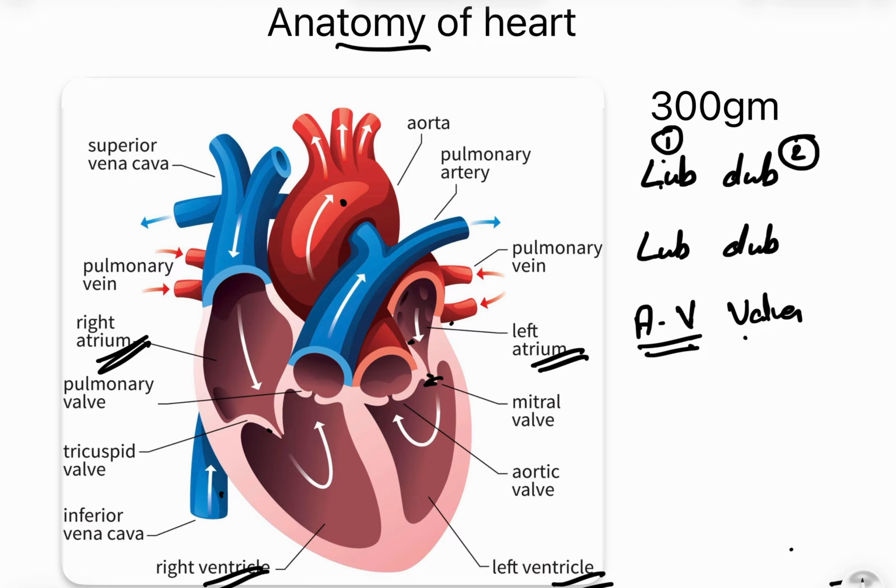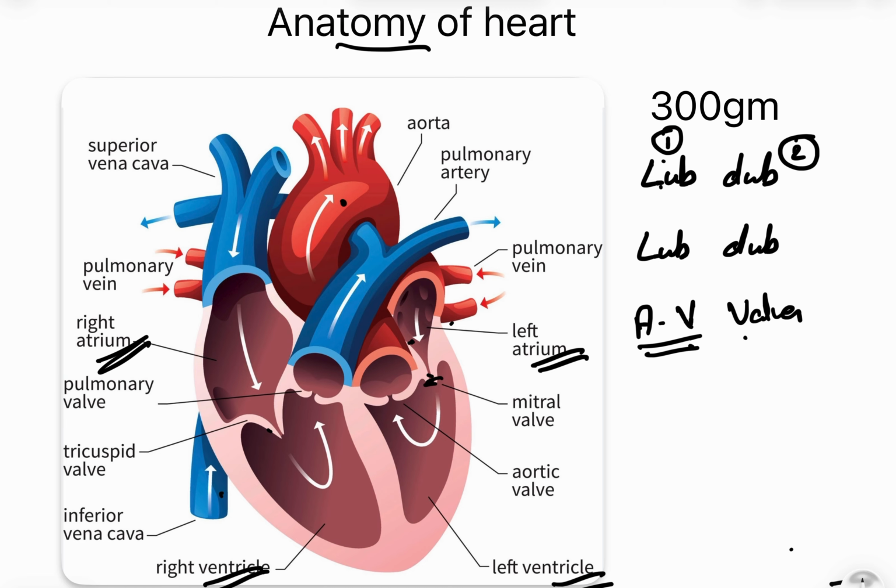When we listen to the heart with a stethoscope, we can hear lub dub, lub dub. The first heart sound, lub, has been asked a couple of times in different examinations. So what does the first heart sound mean? It is the opening of the atrioventricular valves.